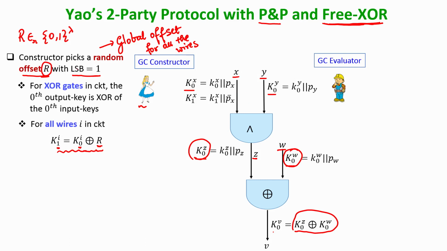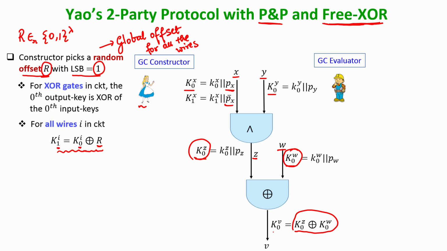And now, since we have ensured that the LSB of this global offset is 1, that automatically ensures that whatever restriction was imposed on the permutation bit for the point and permute technique to be applicable is automatically ensured, right. Because once the 0 key has been fixed, whatever is the permutation bit, that XORed with 1 will produce a complementary bit.